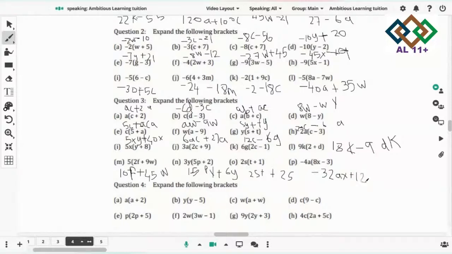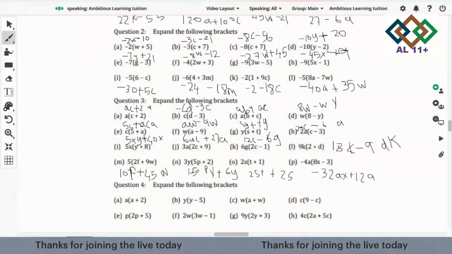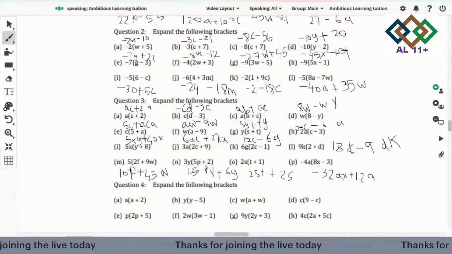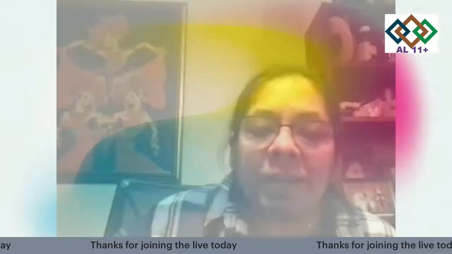I'll be stopping after this one because the next one is absolutely the same way as we did all of them. So I hope you all got it, how to do it. Just try, when you open the brackets, you have to be really careful, and you have to think about what you're doing.